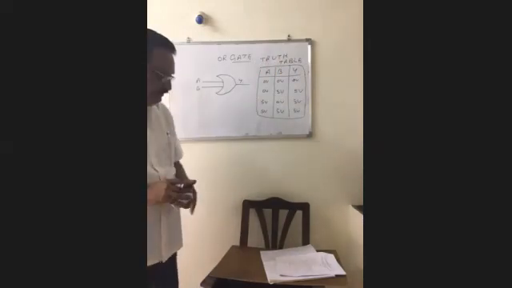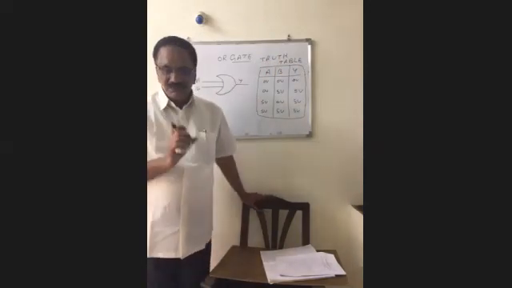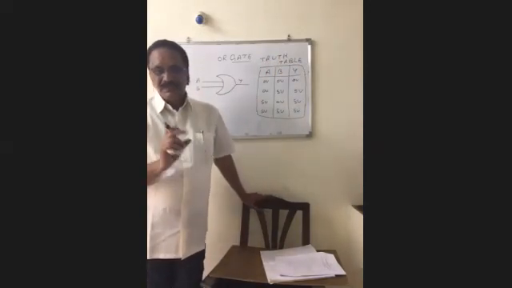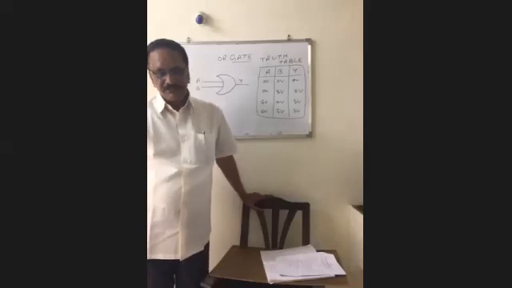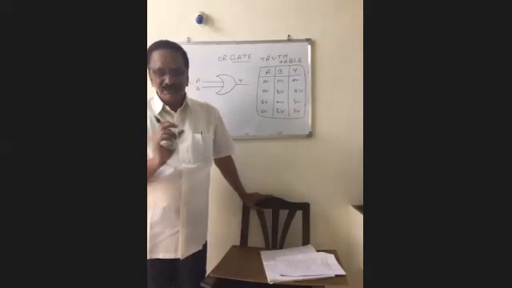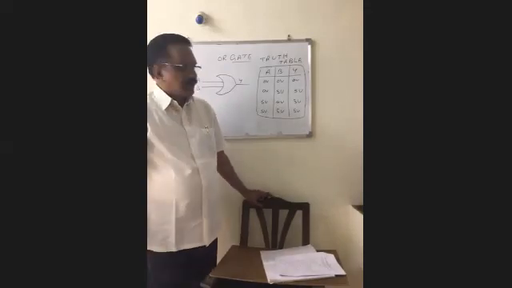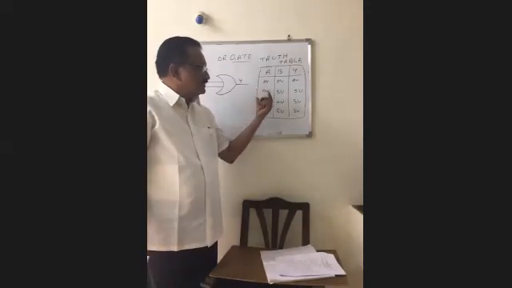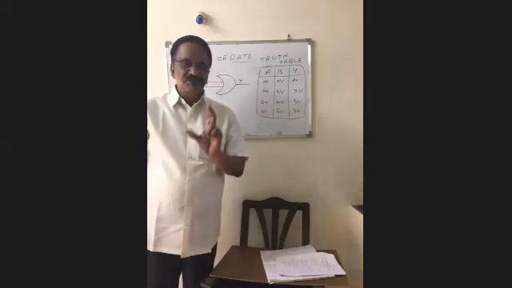Actually, in digital circuits, there are two types of logic systems. One is the positive logic system and the second one is the negative logic system. In the case of the positive logic system, there are only two voltage levels, 0 volts and 5 volts.